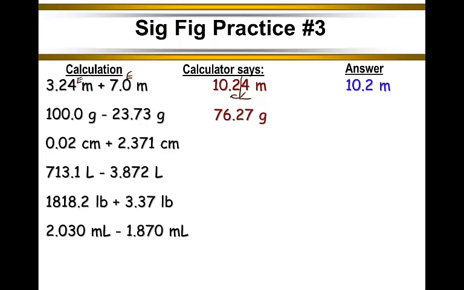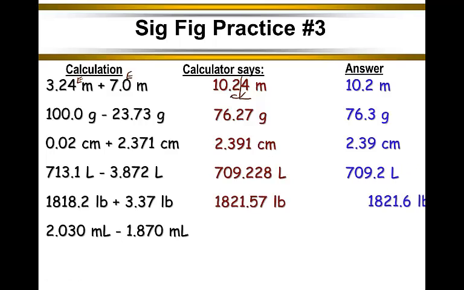Now let's go ahead and flash through the rest of them. You can check your answers. And in class tomorrow, we can go through and talk about how we came up with this. Specifically, look at that last one. Your calculator is going to tell you 0.16 milliliters. But you need 0.160, a trailing 0 with a decimal, which means it counts.